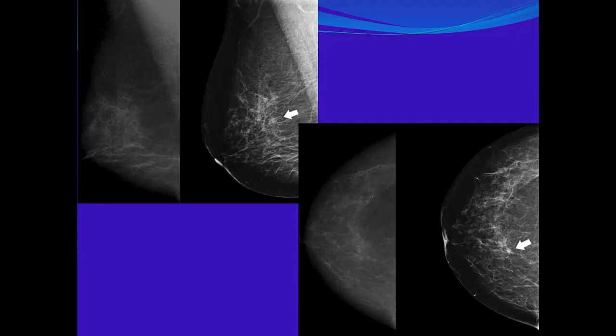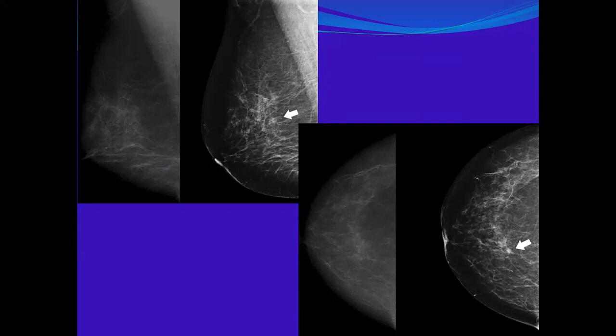In the other one, there is a small lesion, could be in the central or inner border of the right breast. This is considered a developing asymmetry. Excellent, well done.